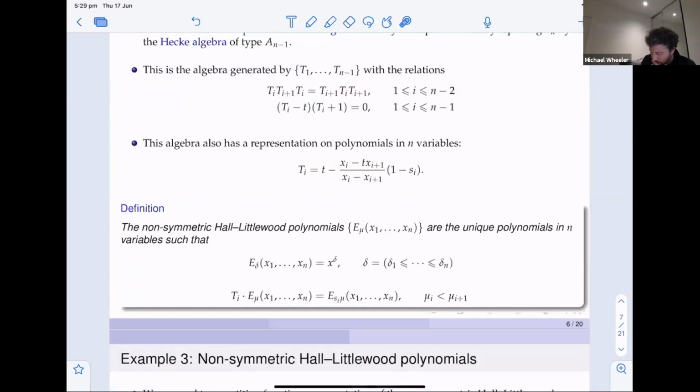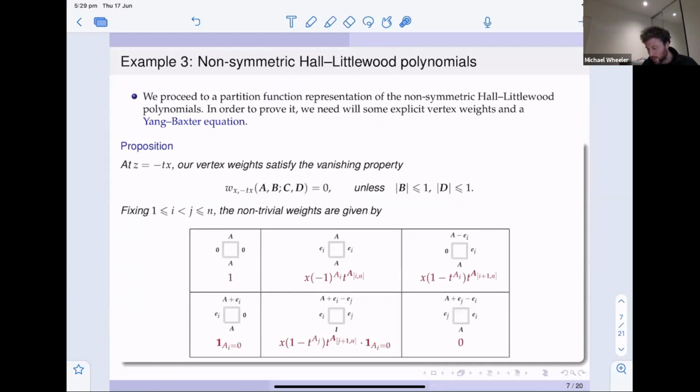Okay. So what we want to do is come up with a partition function representation of those objects. And in order to do this, we're going to need to be a little more explicit now. So we're going to need some explicit vertex weights, which are given below, and we'll also need a Yang-Baxter equation.